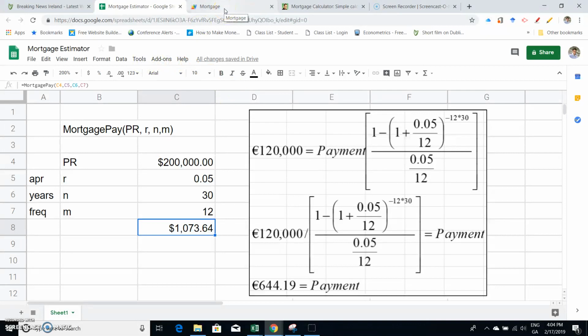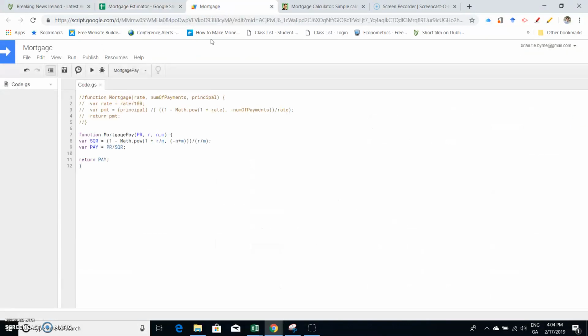If we come across here to the next tab, the name of the function that I'm using here is mortgage pay. So this is JavaScript, and the JavaScript is where we code up the mortgage payment.